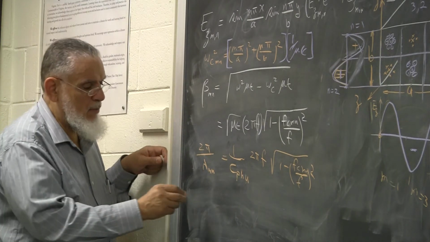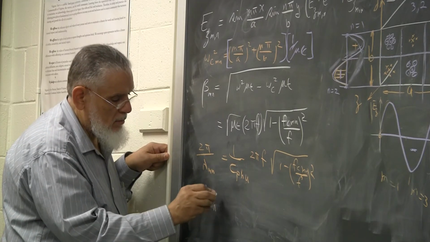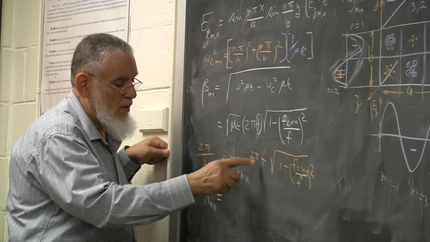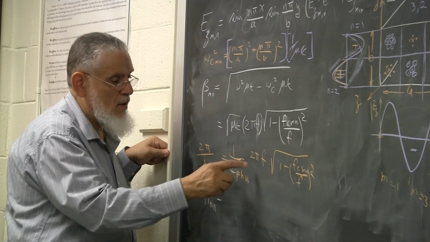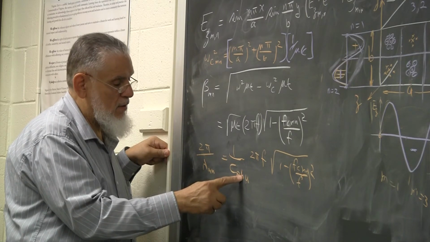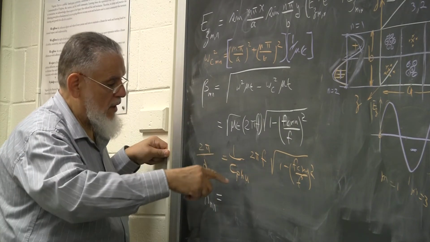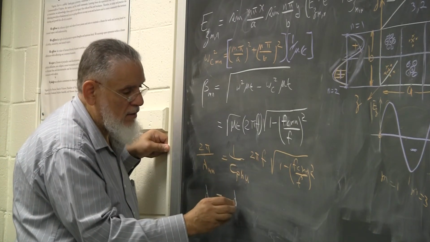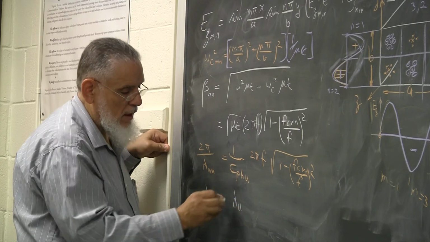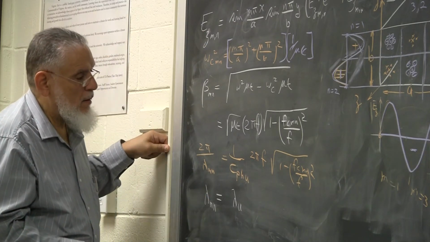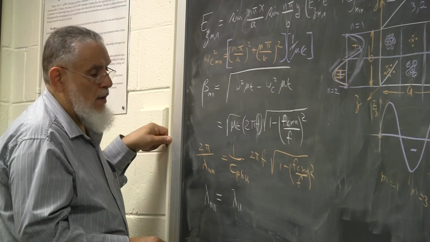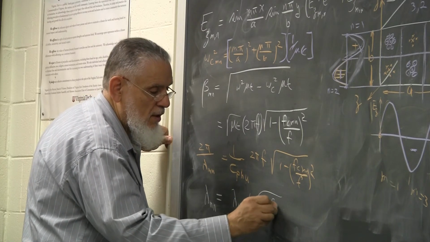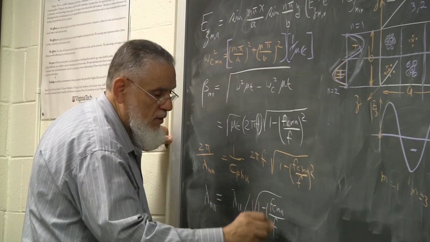So we conclude that lambda mn is equal to, what's f over c phase, or c phase over f, I have to reverse that, right? So it becomes c phase over f, which is lambda unguided, lambda u, divided by the square root of 1 minus f sub c mn over f whole square.